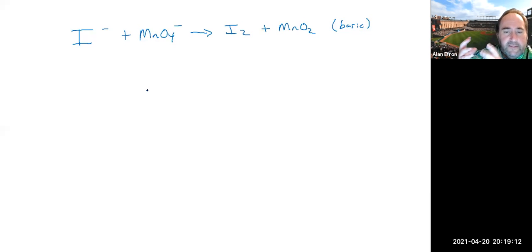So the process of these species getting near each other and reacting is that there's a certain willingness when they get together, like the I minus and the MnO4 minus here, or in the previous example, the iron and the dichromate.